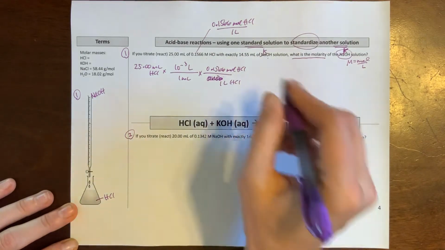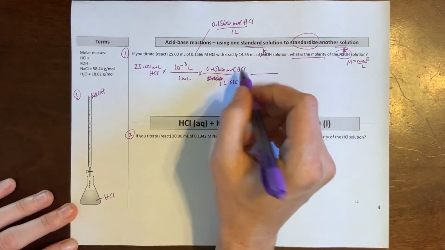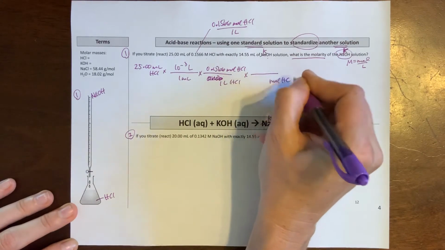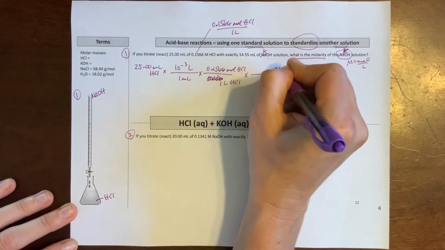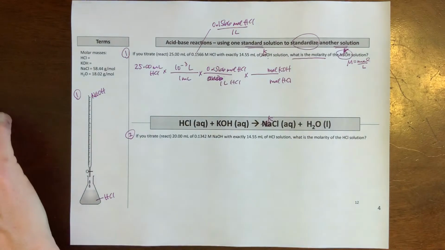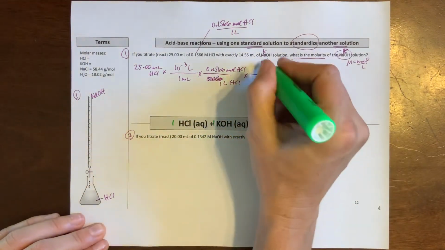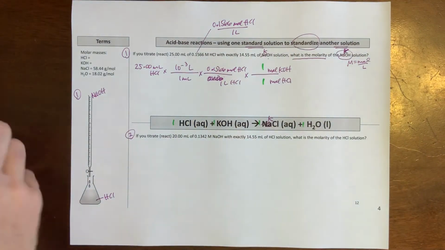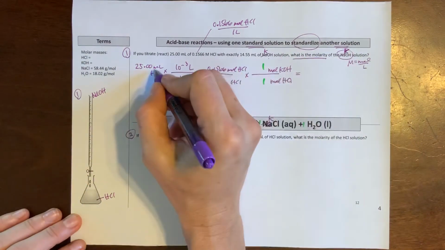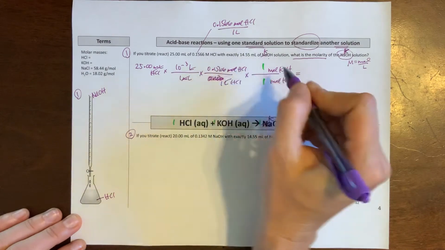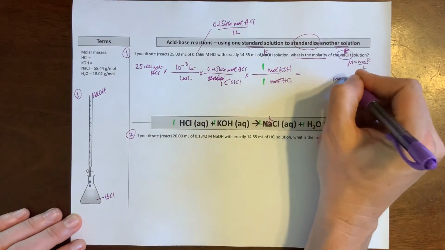Should be a K. And so moles of HCl and then moles of KOH. I can grab my coefficients. Here they happen to be very easy. They're all going to be 1s. And so if I can do this calculation, then everything's going to cancel except for moles of KOH.